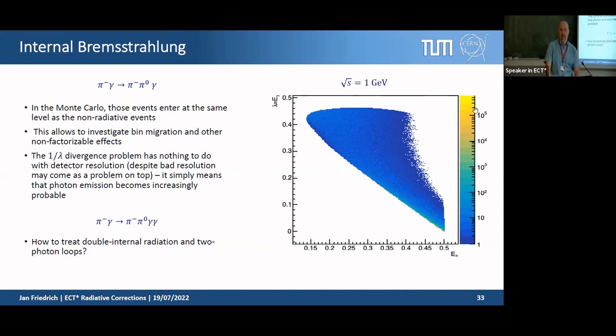But this is kind of an arbitrary number, because the closer you go to this photon pole, the higher this cross-section becomes. And for implementing the radiative corrections, one has to define a handover point. We know this as the cutoff energy, which one has to choose in the range here of about 1 MeV.